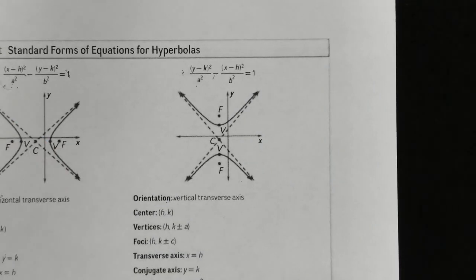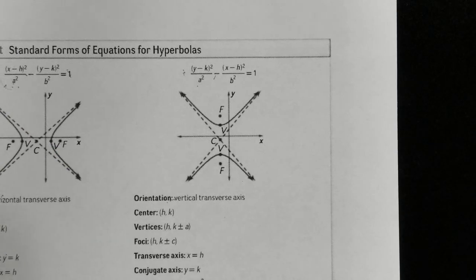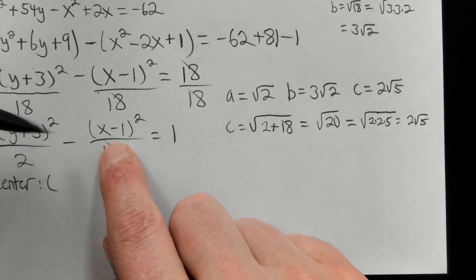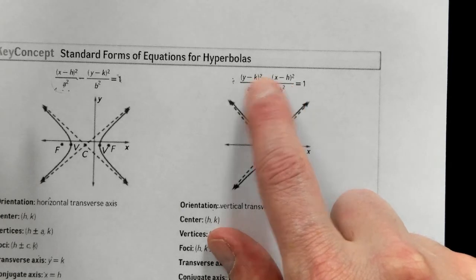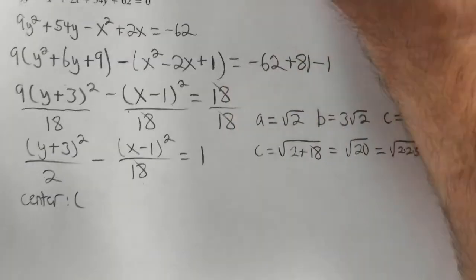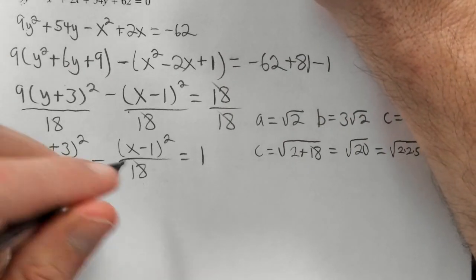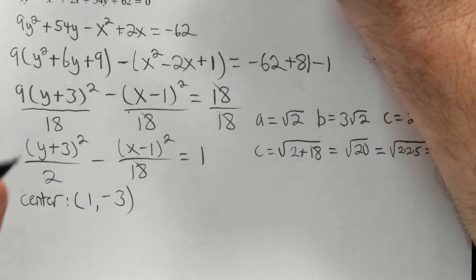This is a vertical orientated hyperbola. Remember, the h is always with the x and the k is always with the y regardless of how it's oriented. So my center is 1 comma negative 3.